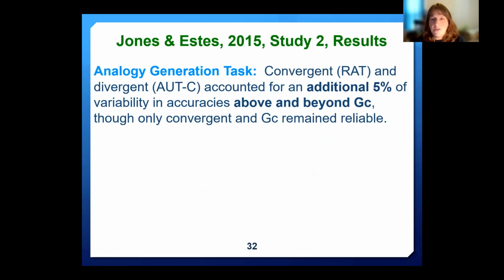For the analogy generation task, it accounted for an additional 5% above and beyond crystallized intelligence, although only the convergent thinking, the RAT, and the crystallized intelligence remained reliable.